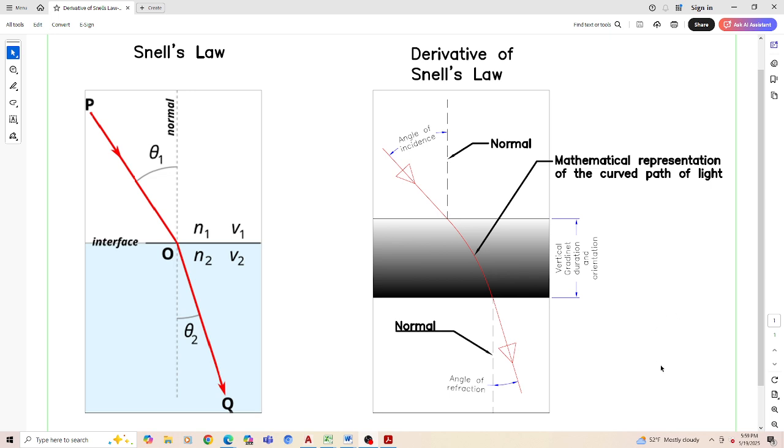So let's replace the interface by a vertical gradient. This here is a color gradient orientated in a vertical fashion for visual purposes only, but we have a less dense to a more dense transition, so we do have an orientation of a gradient.